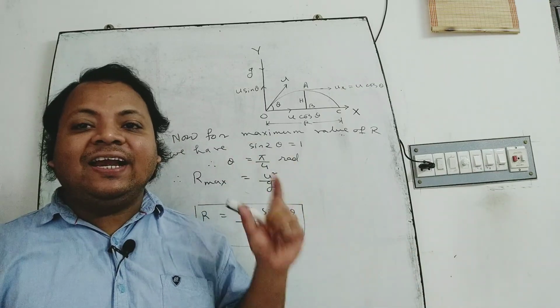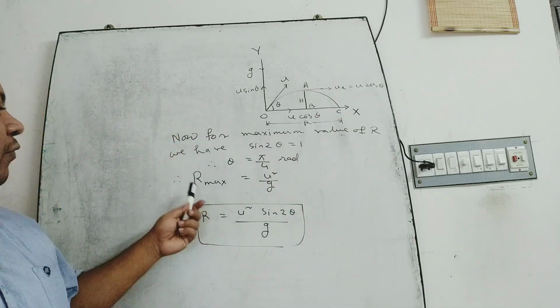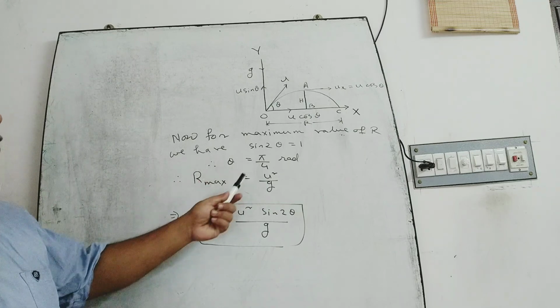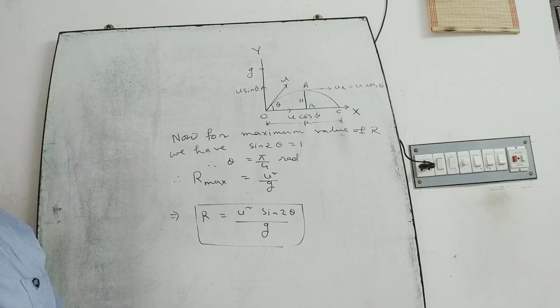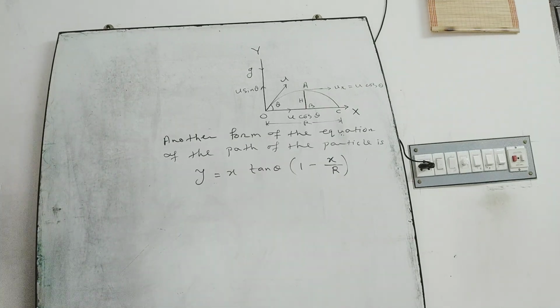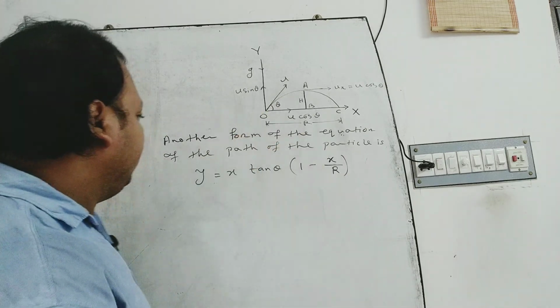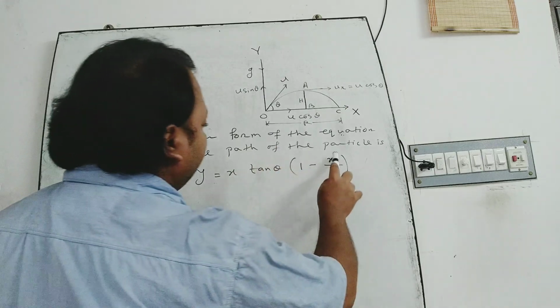Here we neglect the air resistance. Therefore, the maximum range R max is equal to u square by g. Another form of the equation of the path of the particle is y is equal to x tan theta whole into 1 minus x by R.